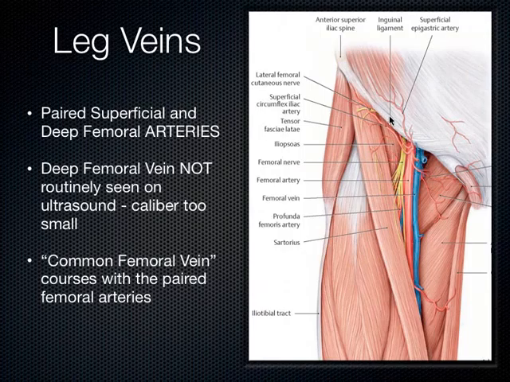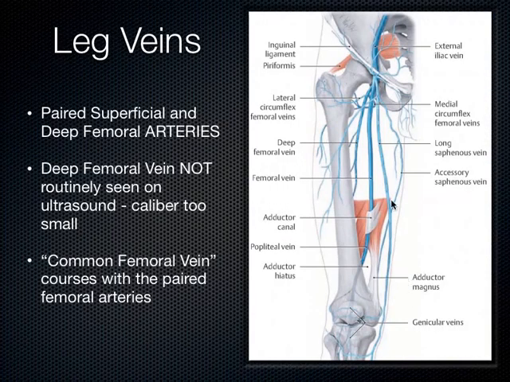And so we can see the common femoral vein very easily until it dives down underneath some of the muscles and fascial layers more distally down the thigh. And so what happens when you get down into this adductor canal, or sometimes called the superficial femoral canal, it gets very difficult to insonate or to view the femoral vein.